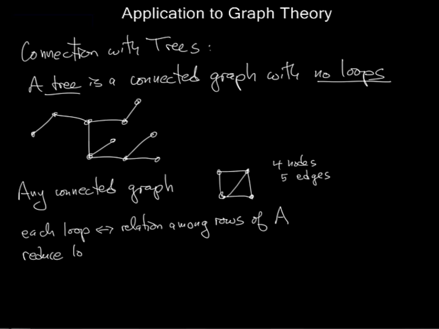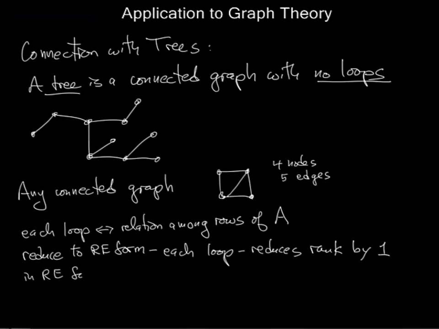Let's think about doing Gaussian elimination to reduce to row echelon form. Each loop, as I said, is reducing the rank by 1, and when you get down to row echelon form, there are no more loops.